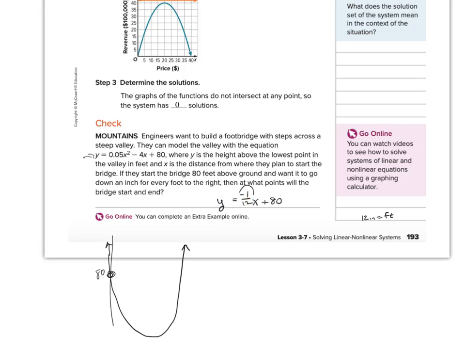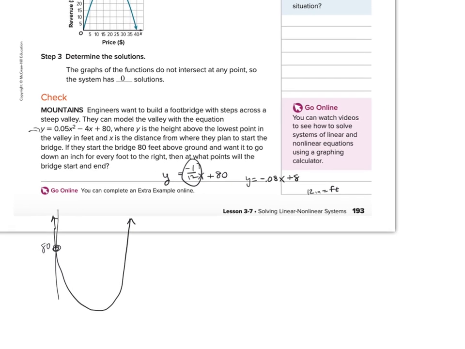I'm going to convert this to a decimal, so y is equal to negative 0.08x, 0.08 feet, plus 80, and we'll see how that works in the graphing calculator.